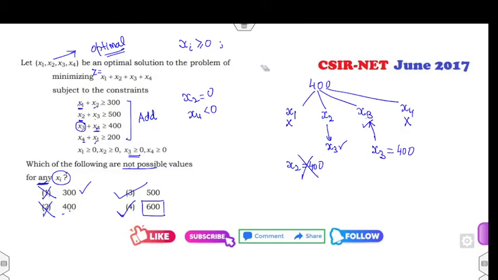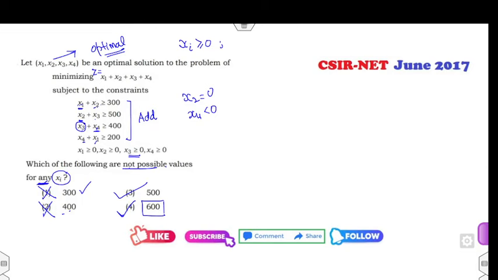Otherwise, one more way, because we have obtained z is greater than or equal to 700. That means x1 plus x2 plus x3 plus x4 must be greater than or equal to 700. So clearly, if any one of them is my 600, what does it mean?